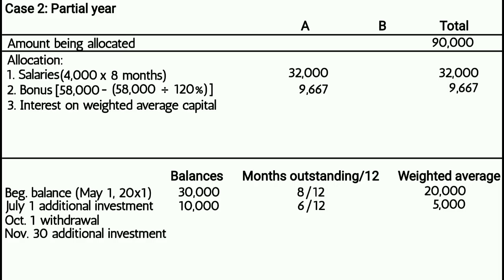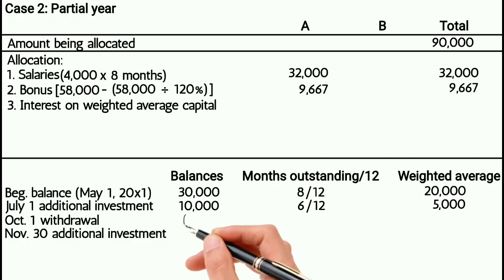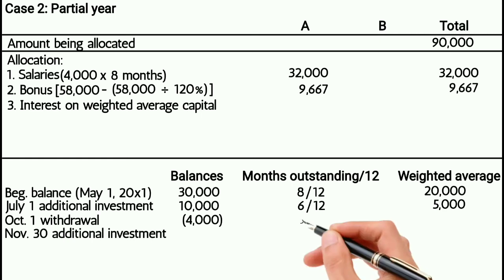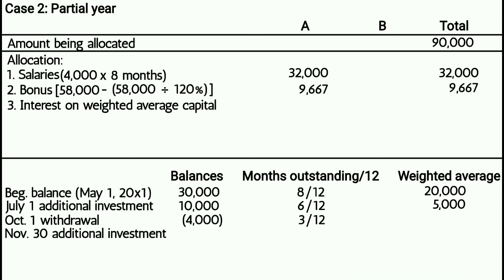Ginamit natin yung 6 over 12 kasi merong months outstanding na 6 months from July 1 to December 31. Next, October 1 withdrawal is 4,000 pesos. Imumultiply natin yung negative 4,000 pesos sa 3 over 12. There are 3 months outstanding from October 1 to December 31.